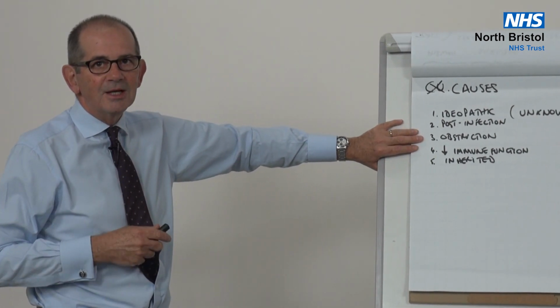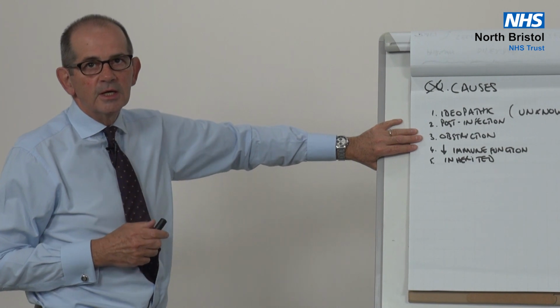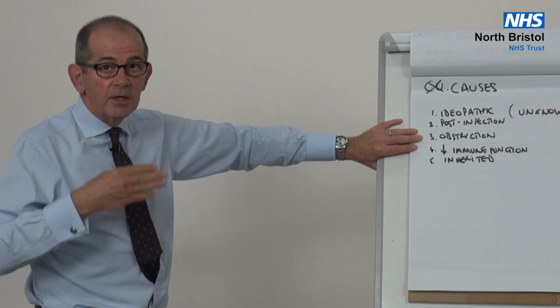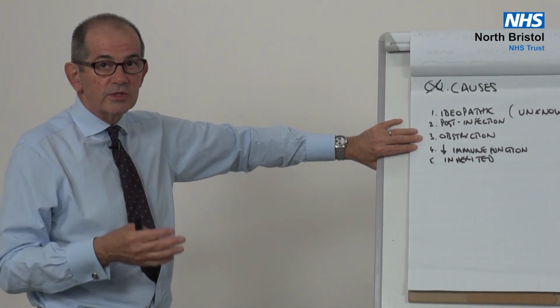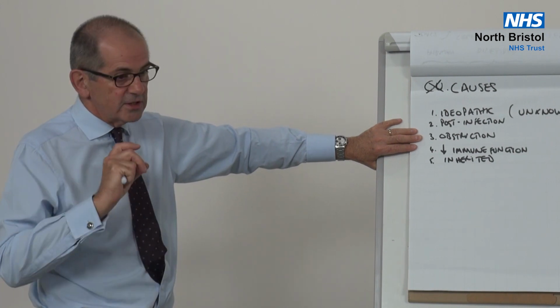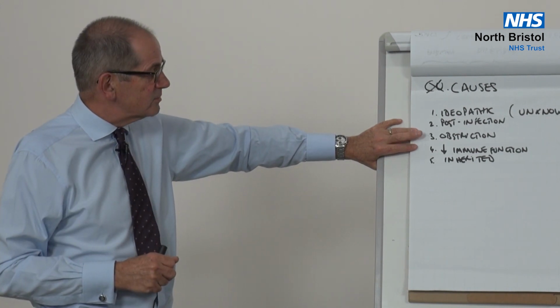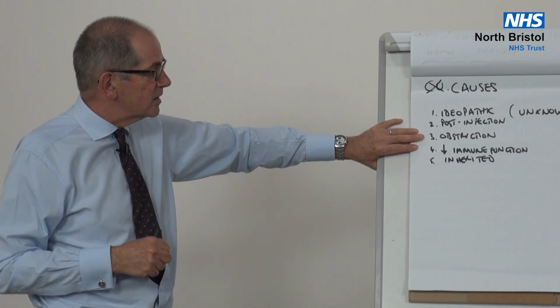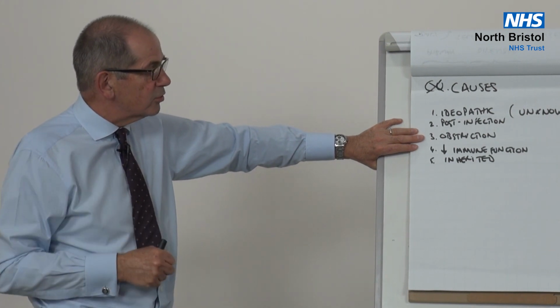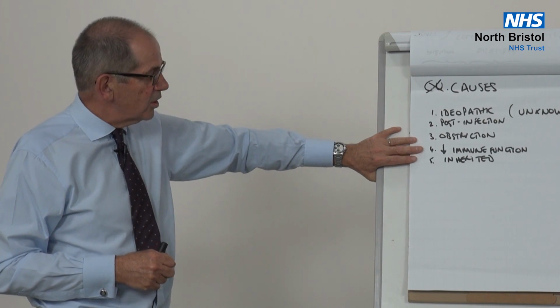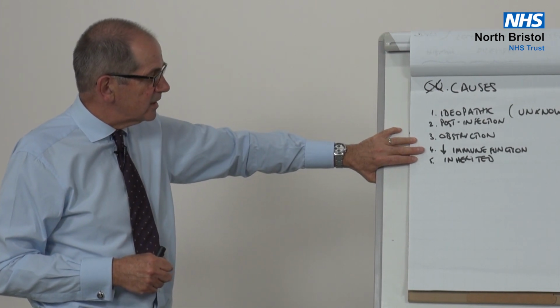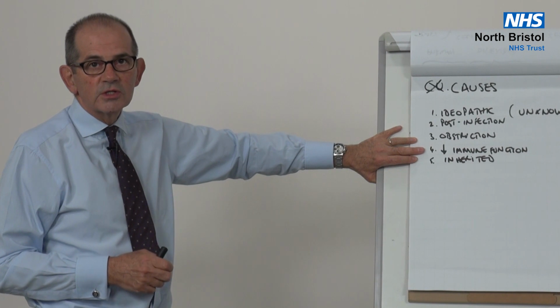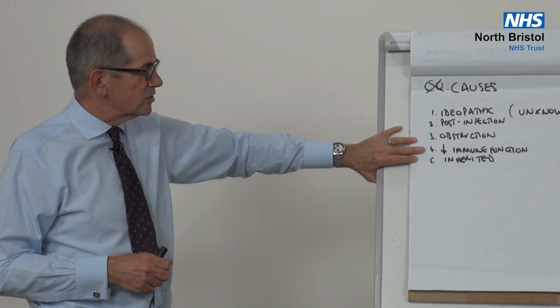So if you breathe in a Lego brick or a peanut and it gets stuck in your airway, it disturbs the flow of mucus, causes obstruction, and bronchiectasis will develop downstream to the obstruction. So a foreign body or indeed an intrinsic problem in the lung can cause obstruction and then bronchiectasis. Less commonly, but perhaps more severely, disordered immune function is a common cause of bronchiectasis.